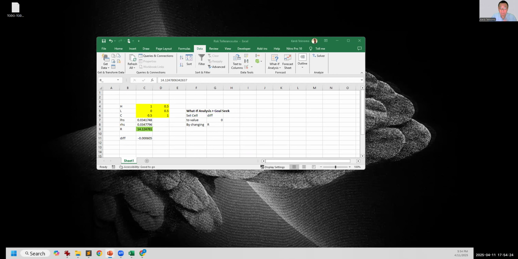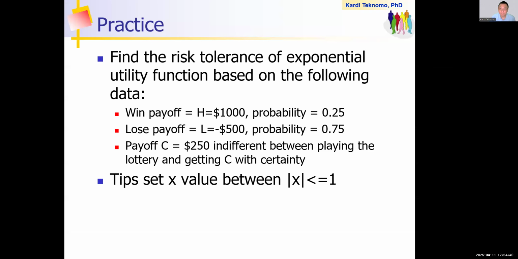Anyone want to compute that practice? If this is -1 and this is 1, what is C?